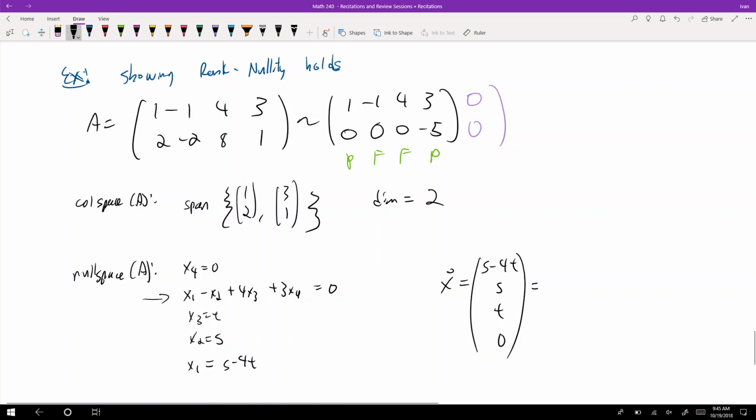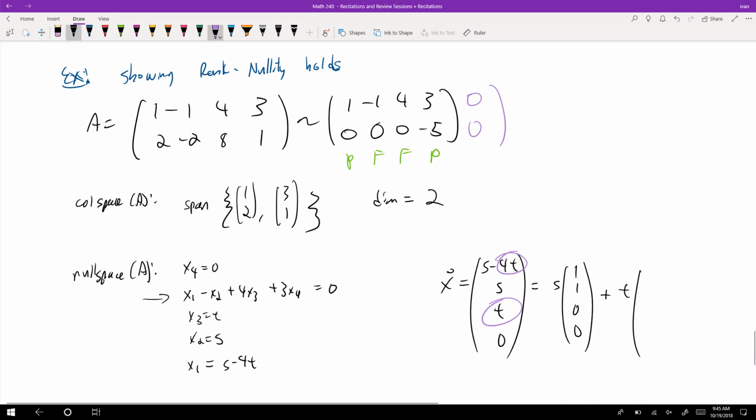But we don't really want to write it like this because this doesn't tell me what the basis vectors of my null space are. So what we're going to do is extract them, and we're going to say, okay, this is equal to s times (1, 1, 0, 0), right? Because I have the s's here. And then I'm going to add t times, and where are the t's? The t's are there and there.